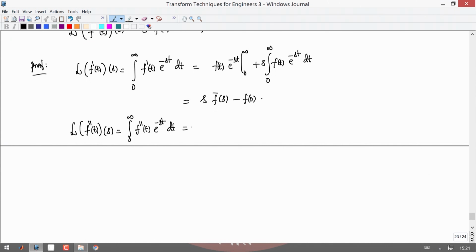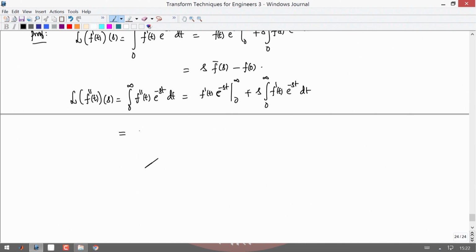Do integration by parts twice. So you get f dash of t e power minus st from 0 to infinity, plus s times the integral from 0 to infinity of f dash of t e power minus st dt.